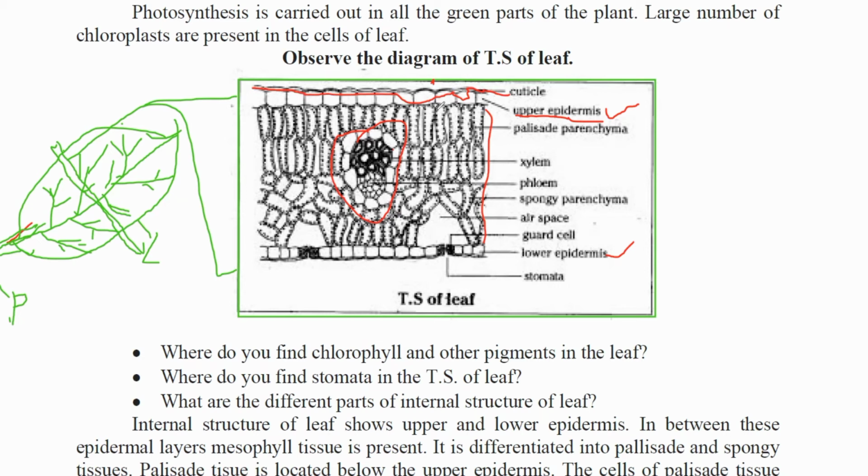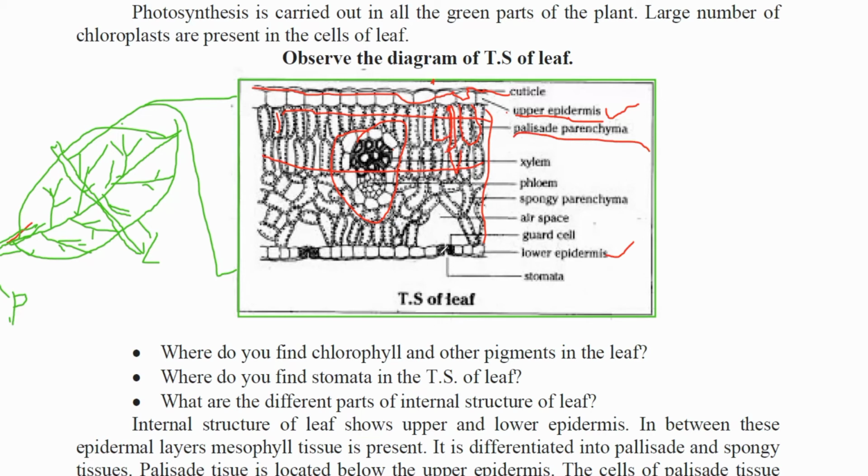Below the upper epidermis there are two rows of elongated cells, arranged compactly. These are called palisade parenchyma.